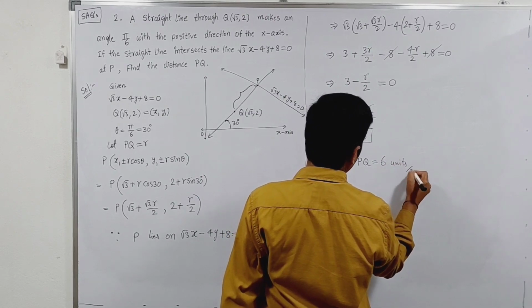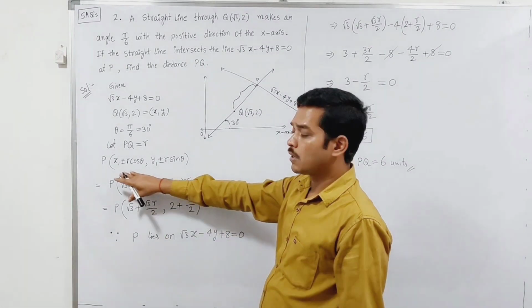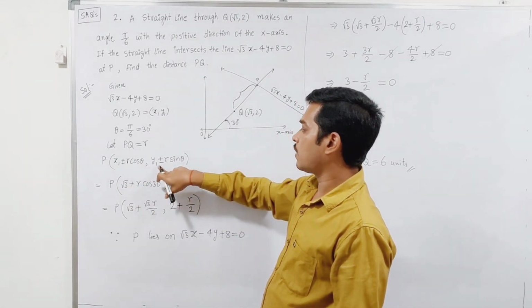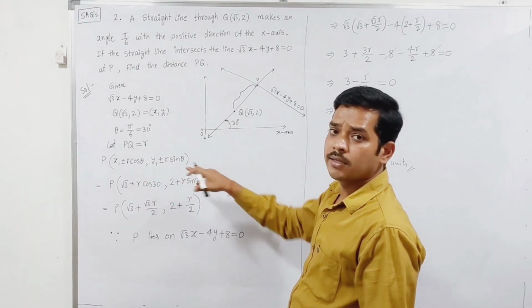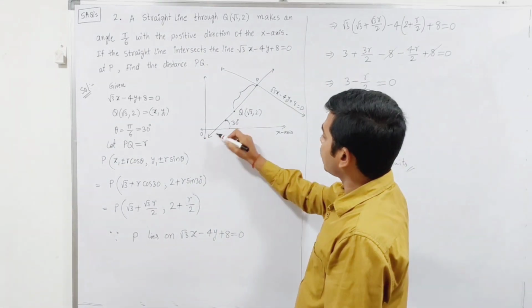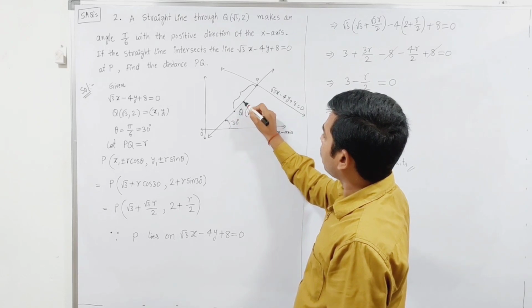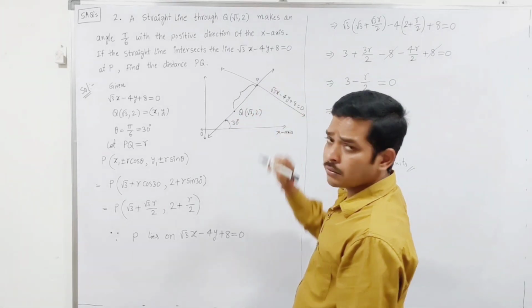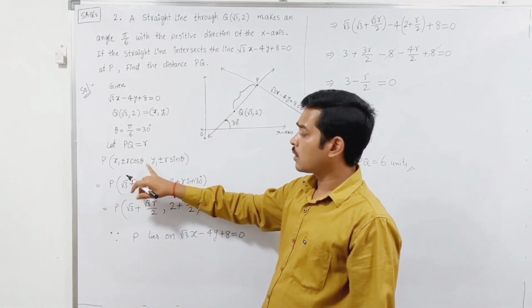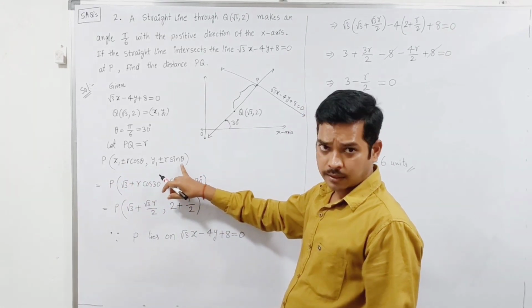So, by using the parametric concept of a straight line, x1 plus or minus r cos theta, y1 plus or minus r sin theta are the parametric points on a straight line. That means each and every point on the line is in the form of x1 plus or minus r cos theta, comma y1 plus or minus r sin theta.